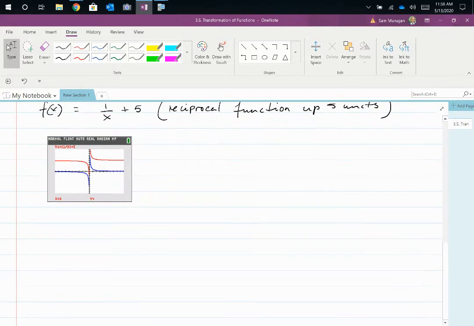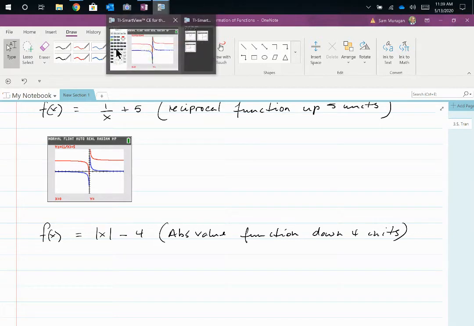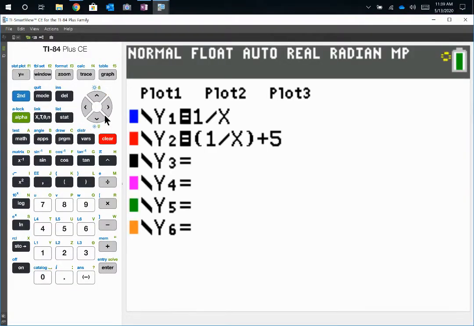One final example, if I wanted to move, say, the absolute value function down 4 places, so this is the absolute value function down 4 units, I would first graph my absolute value function because I want to remember what it looks like.